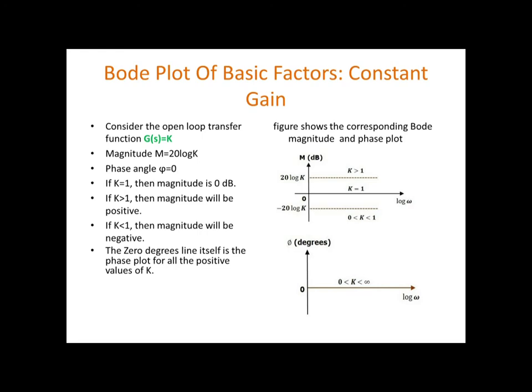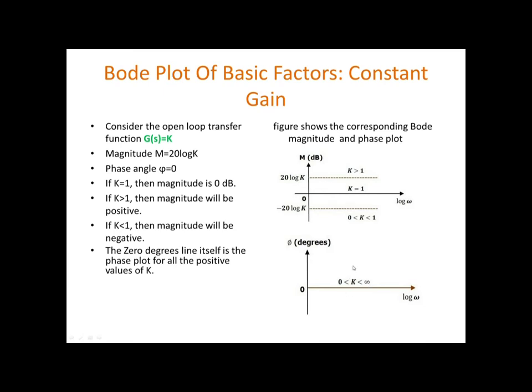So, the Bode plot is the horizontal straight line at that level in dB, and the magnitude plot of K is the horizontal straight line having that magnitude, and the phase plot is also a straight line passing through 0 degree for all values of omega. That's why I have written here 0 to infinity.